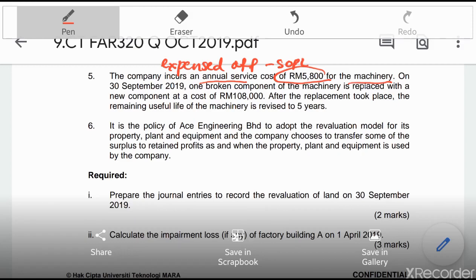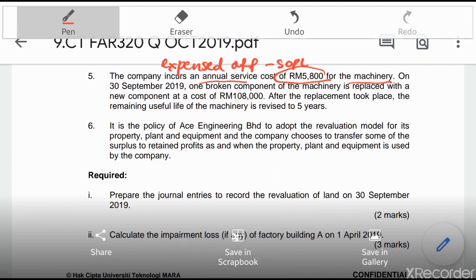And then on 30th of September, there was one broken component of the machine. So out of this one whole machine, one of the components or maybe one of the parts was broken, and it is being replaced with a new one.